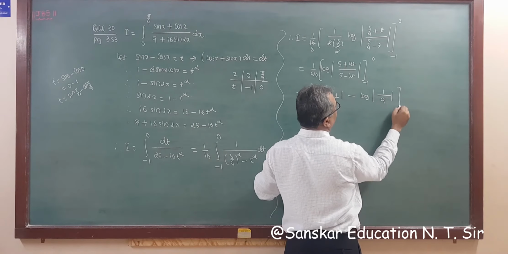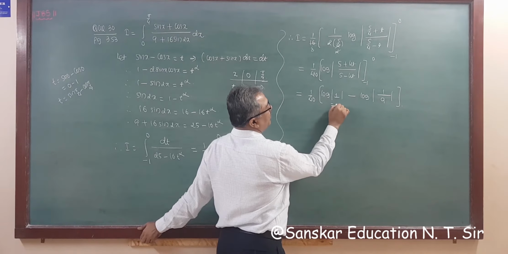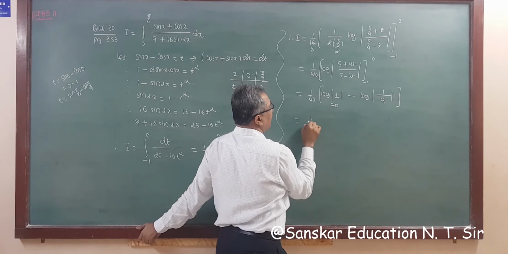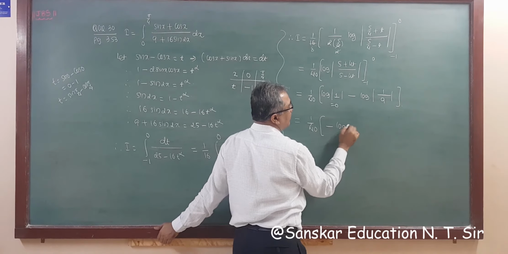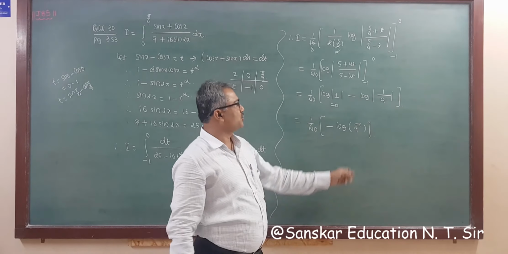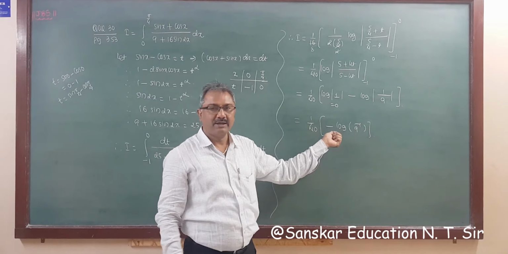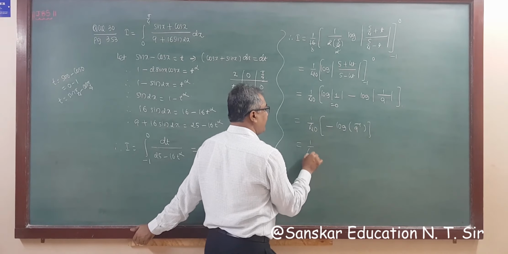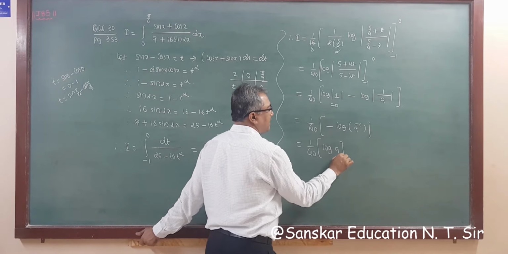So this is 1 upon 9. Log 1 is always 0, right? And I am writing this as 1 upon 40 minus log, this is 9 raised to -1, right? So taking -1 to the front, this becomes plus, right? So the answer will be 1 upon 40 and log 9, right?